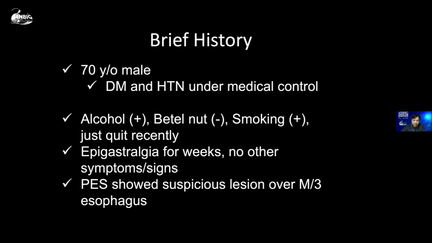The patient had a history of alcohol and smoking, and he just quit recently. The patient suffered from epigastralgia for weeks with no other symptoms. The patient received endoscopic examination, which showed a suspicious lesion over the middle third of the esophagus.